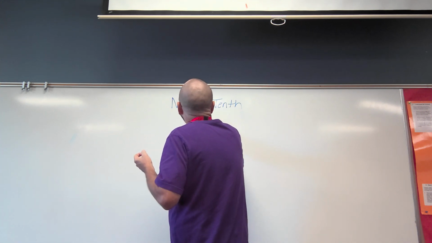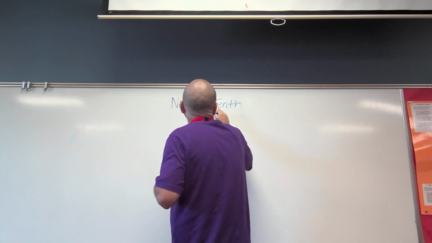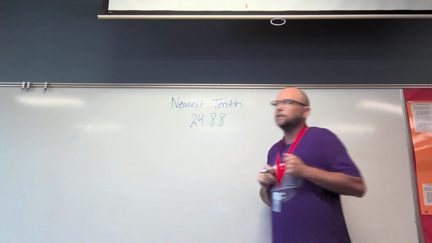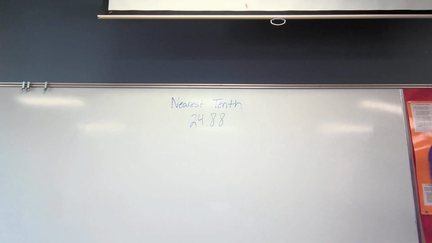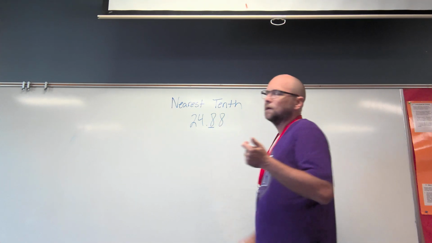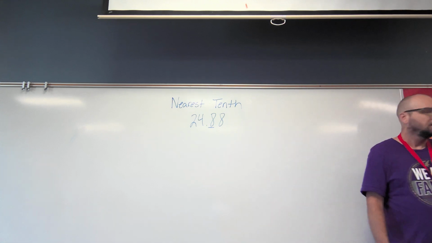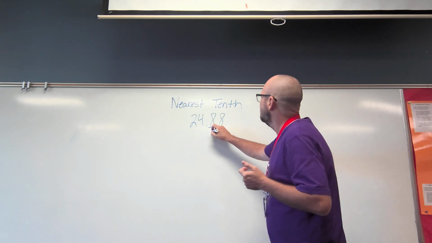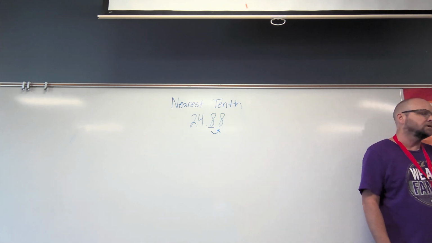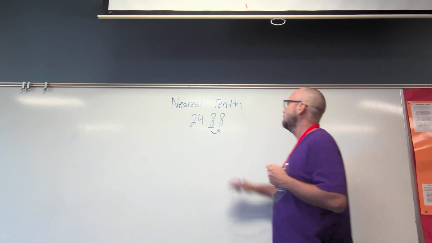Let's take 24 and 88 hundredths. We already said the tenths place is the first one behind the decimal point. We look behind it. Behind it we have an 8. So what are we going to add to the tenths place? 1 or 0? 1. Add 1.